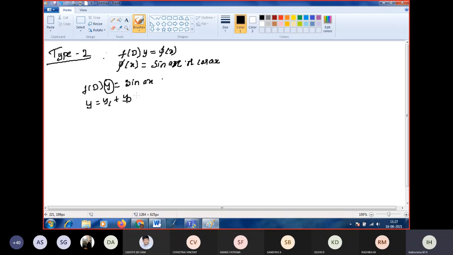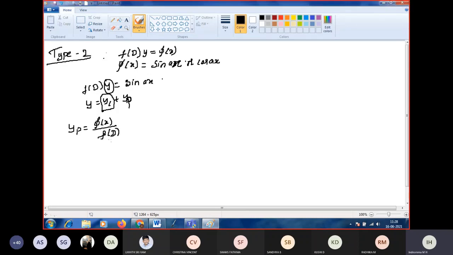All of you are very familiar in finding the value for yc. Then it is important to find yp. So to find yp we have to consider phi of x by f of d.